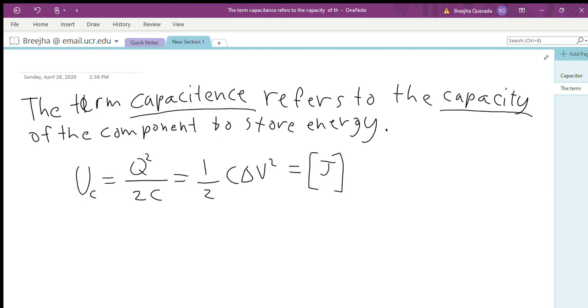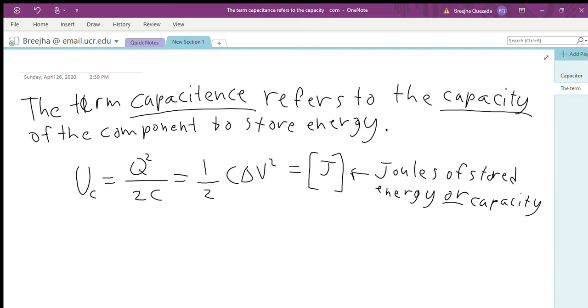So this is joules of stored energy, or max capacity of energy.